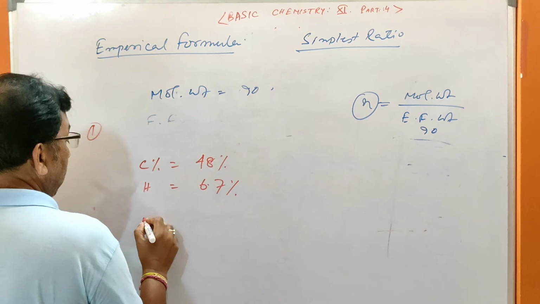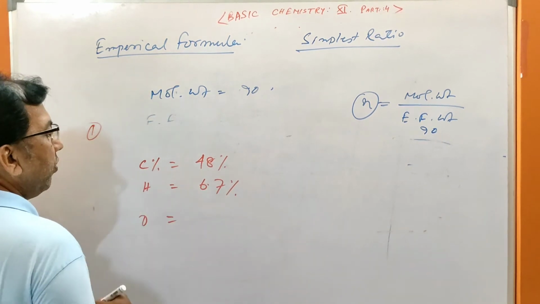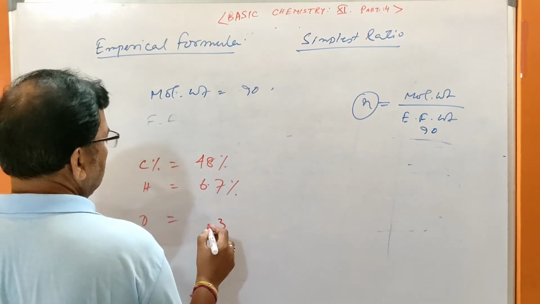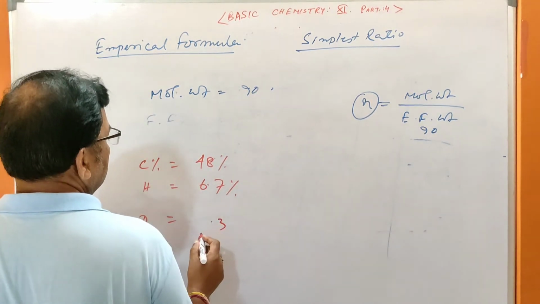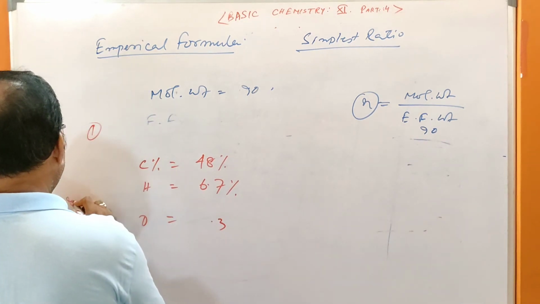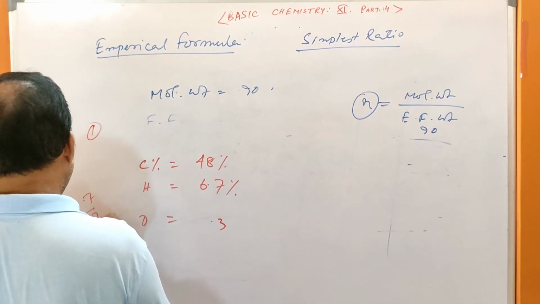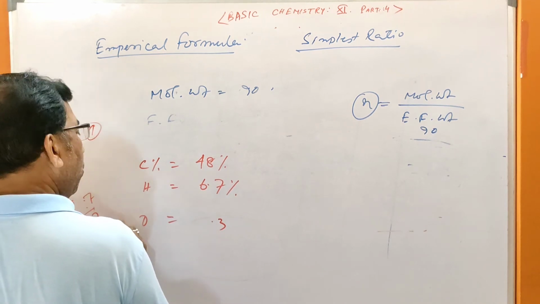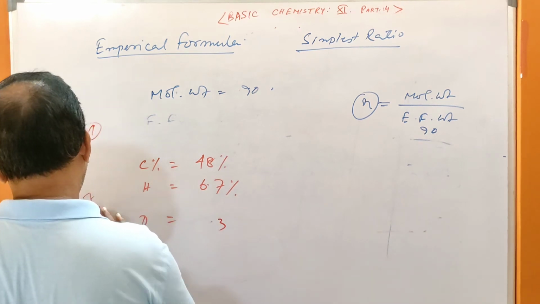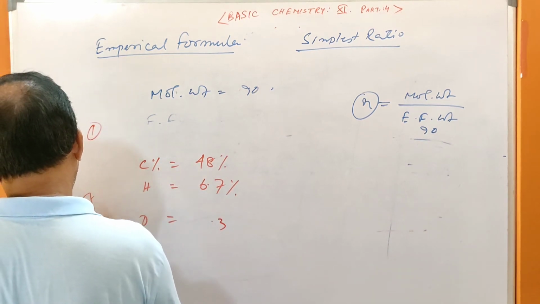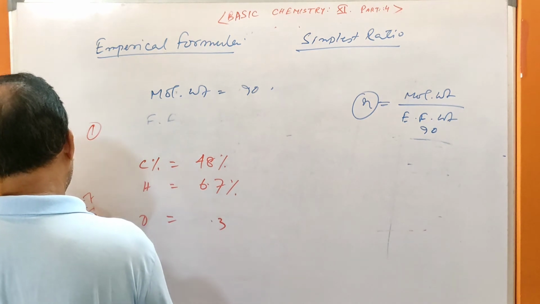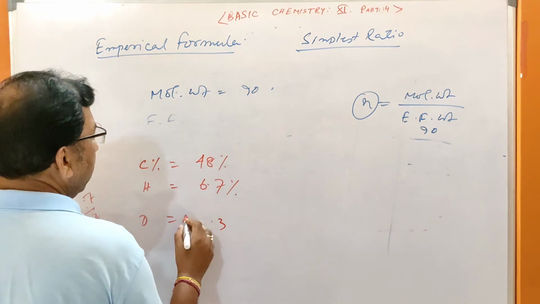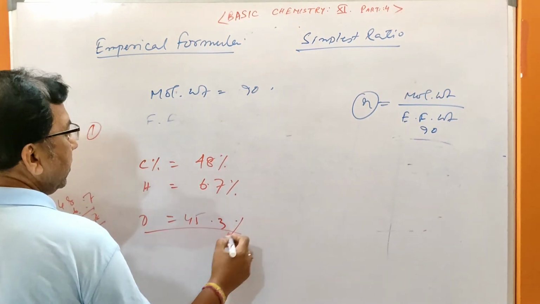Oxygen is the rest, which is 45.3%. This is the percentage of oxygen.